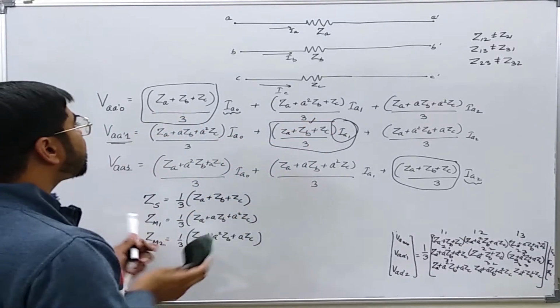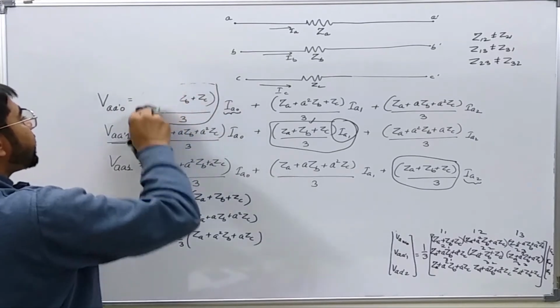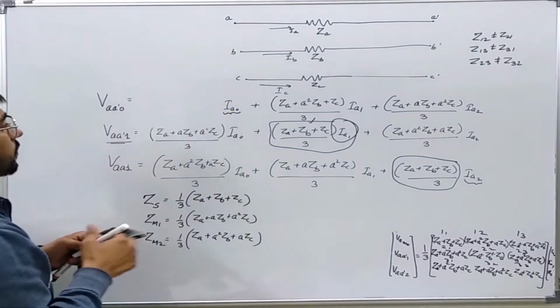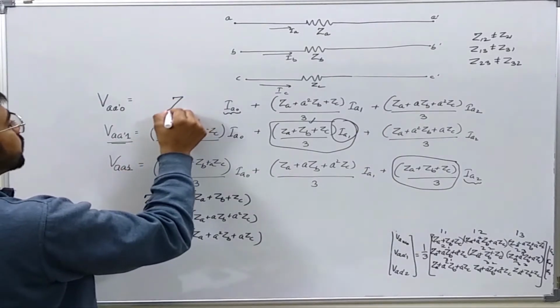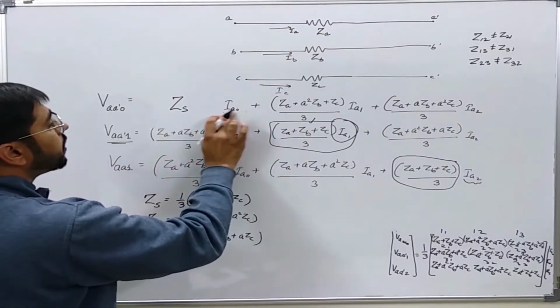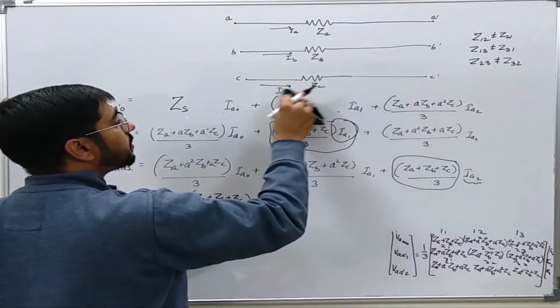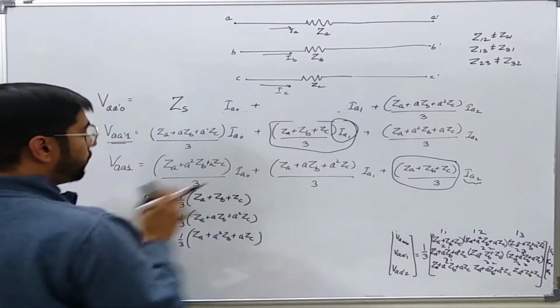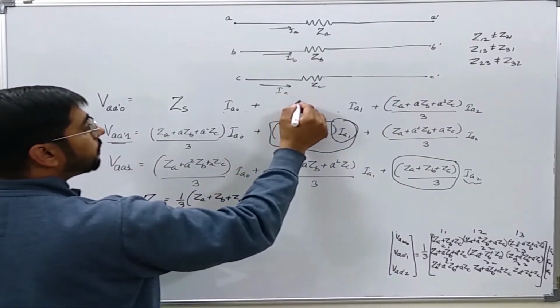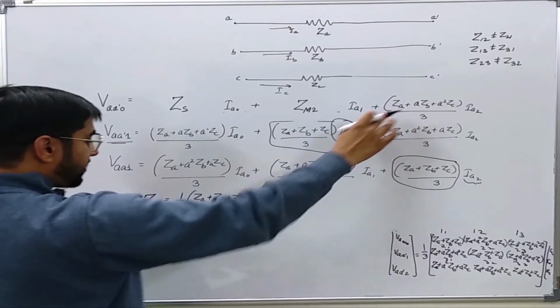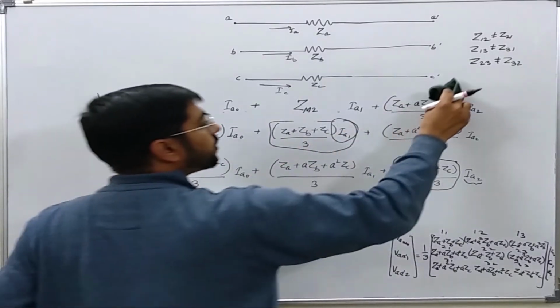So let us replace this. I will erase this and write it as Zs. Similarly, I will erase this and replace it with Zm2. And I will erase this and replace it with Zm1.